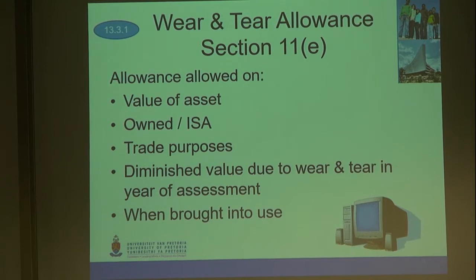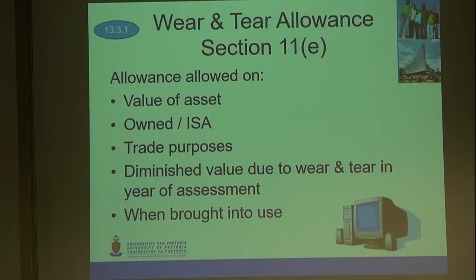All right, so let's get into this first section here, which is our movable assets. And the two sections that we're going to focus on for movable assets is section 11E and section 12C. Right, now 11E, the one that we're going to do first, is the fallback section. It's the section that you're going to use if you don't have another section to use.